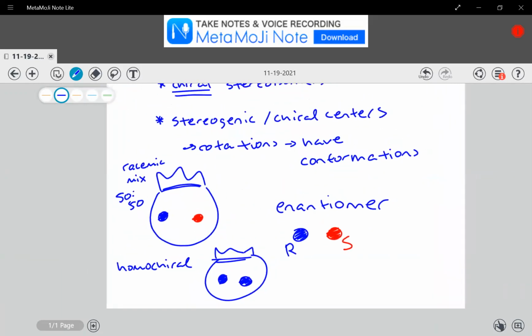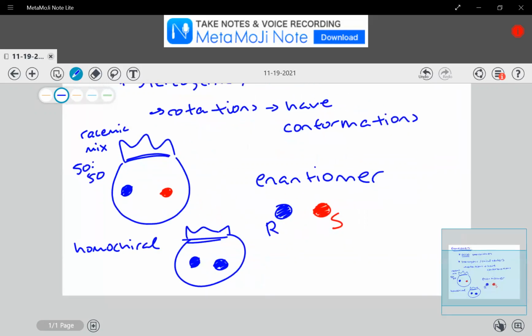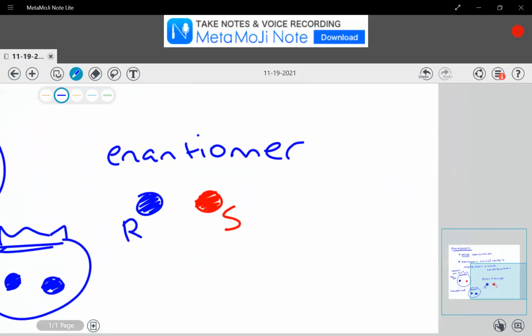So, racemic mix, you get a 50-50 mix of enantiomers, right? Chiral mix, you get a pure 100% only one flavor, because for some reason you hate the other one. And the final type of mix you can have is the scalemic mix. Very fancy.